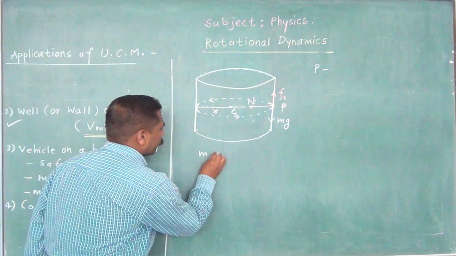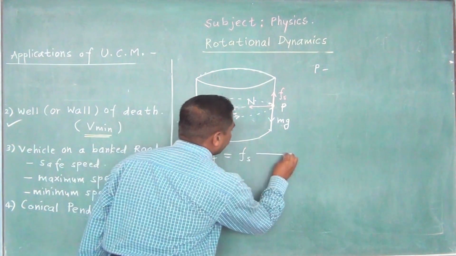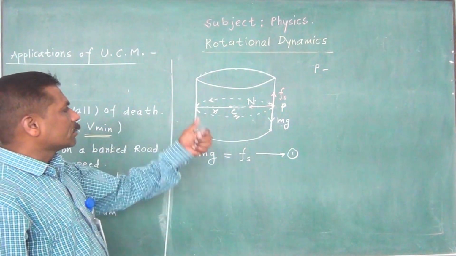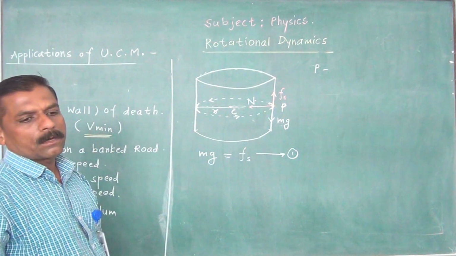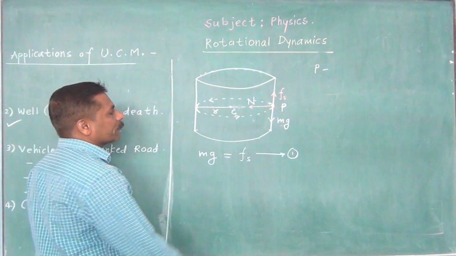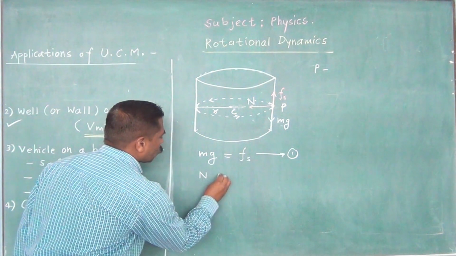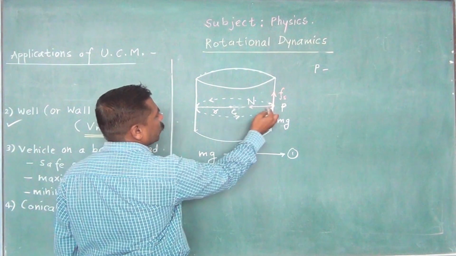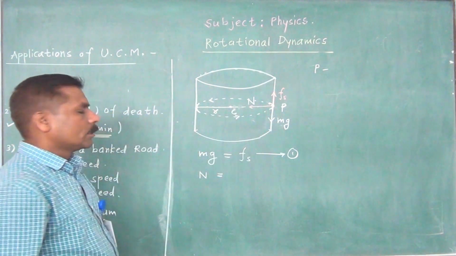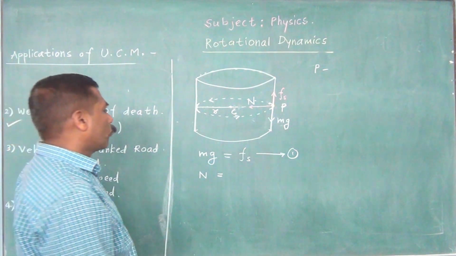So the first equation you will find here is mg equal to Fs. Say this is equation number 1. That is, the weight is balanced with the static force of friction. What will be the second equation? This normal reaction is along the radius towards the center, so it will get balanced with the centripetal force.